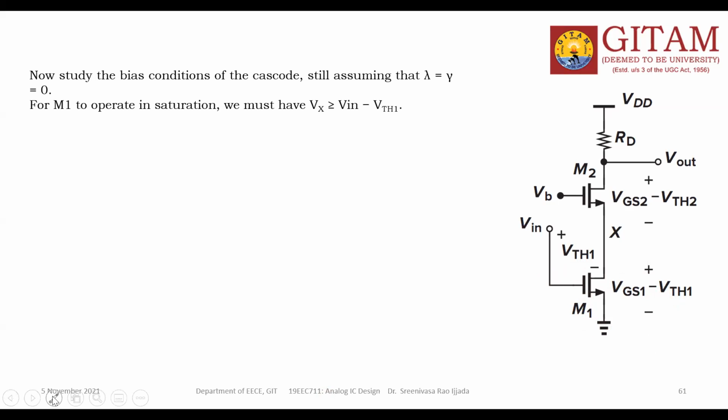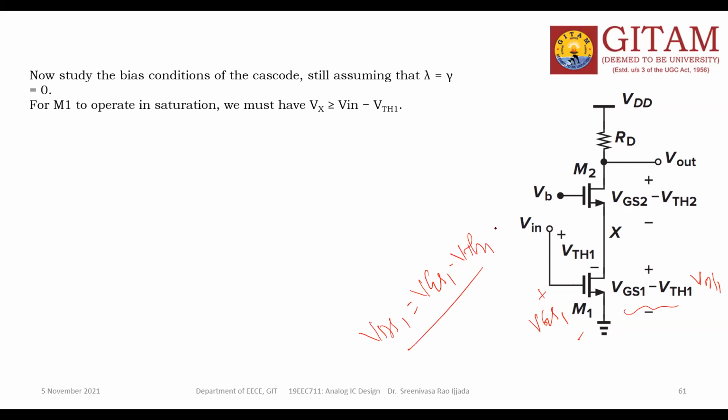You can write it like this. This is the VGS1, minus to plus. So this is the VDS1, and you can write VDS1 is equal to VGS1 minus VTH1.